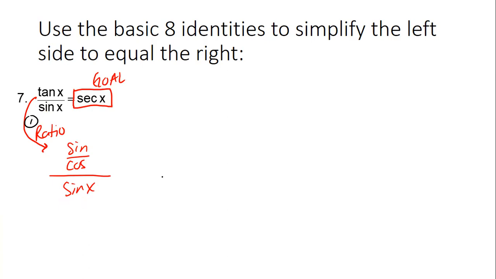Next, what am I going to do? I'm going to keep, change, flip. So second, I'm going to divide. So keep, change, and flip equals sine over cosine times 1 over sine. That's going to cause my sine to eliminate. And I'm left with 1 over cosine.